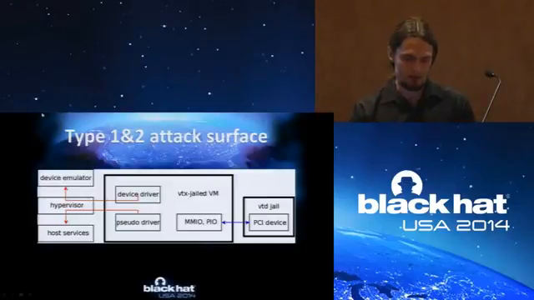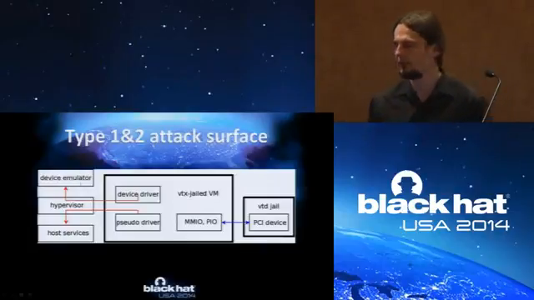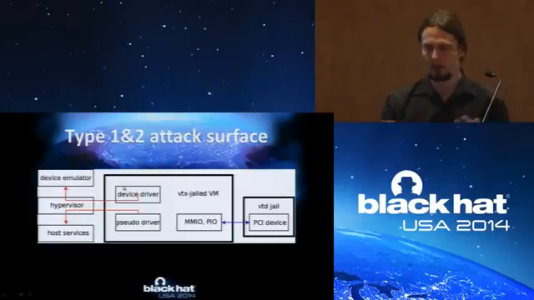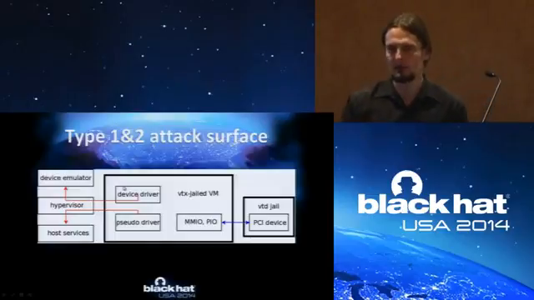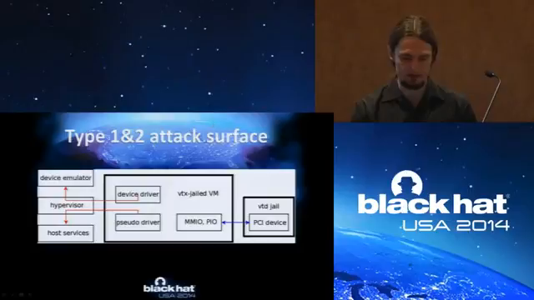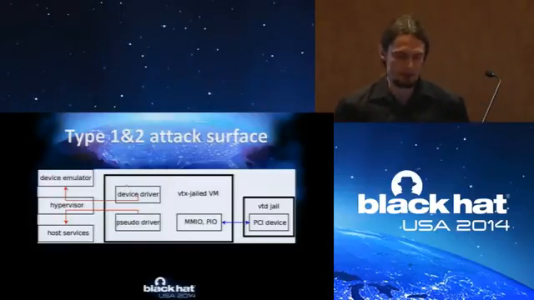The more worrying part is the remaining two. Particularly, the device emulator is well known to have had issues in the past. It's needed because if you run a normal operating system like Windows, it likes to think it talks to real hardware. There is a device driver in the VM, and it likes to talk to something that looks like real hardware.